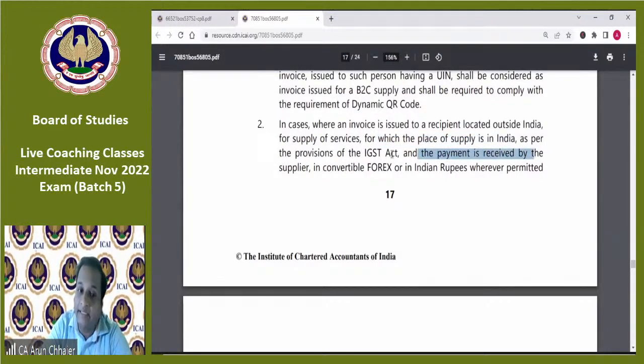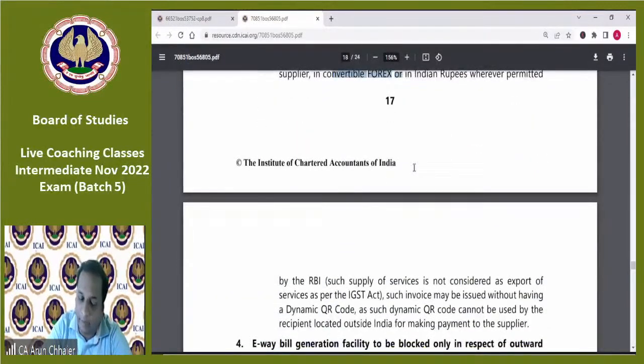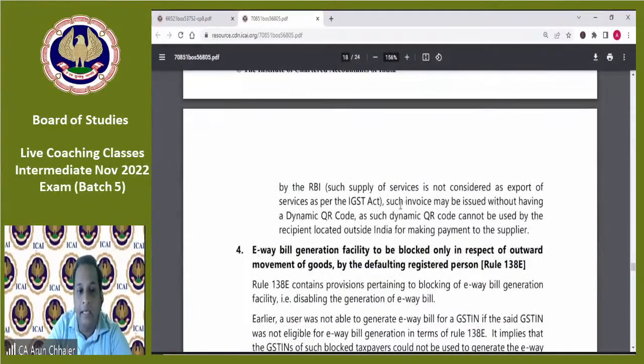And the payment is received in convertible foreign currency or Indian rupees wherever permitted by RBI. In that case, such an invoice may be issued without dynamic QR code. Why? As such dynamic QR code cannot be used by the recipient located out of India for making the payment to the supplier. So they are saying if the customer is located out of India, then in that case, you cannot use the dynamic QR code. They have given the relaxation.